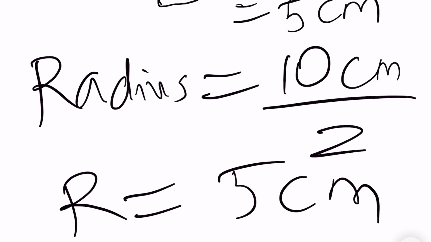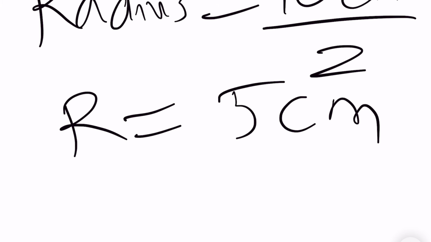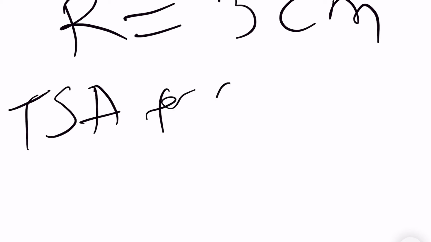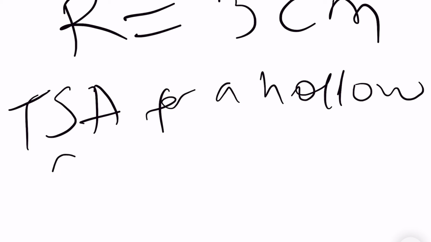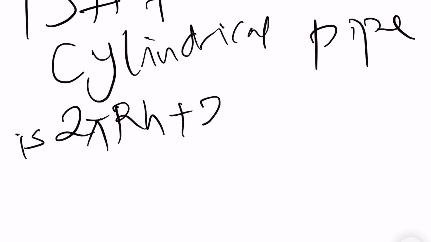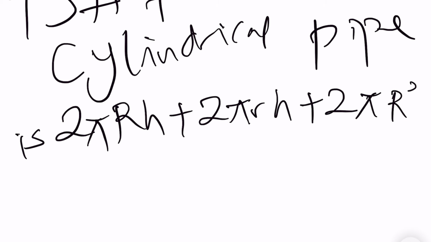To find the total surface area, our formula for a hollow cylindrical pipe is 2 pi RH plus 2 pi rh plus 2 pi R squared minus 2 pi r squared.